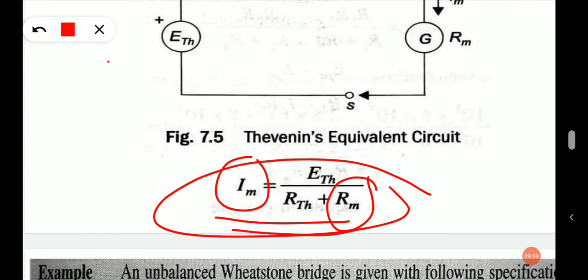Here, the upper limit for the measurement is decided by the fact that for high resistance measurement using this method, Thevenin resistance becomes higher, causing a reduced meter current and thereby reduced sensitivity of the meter.